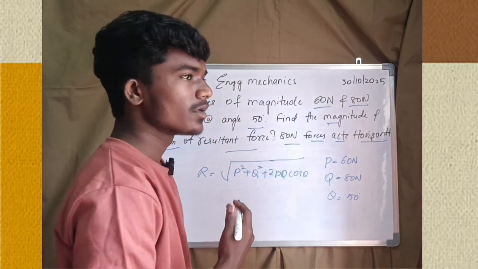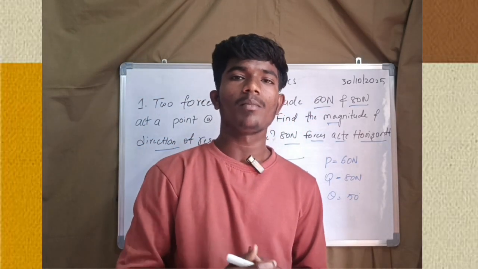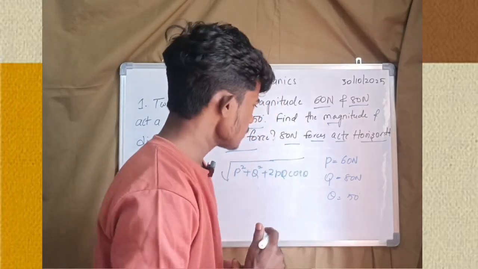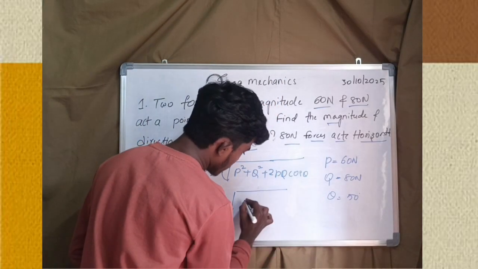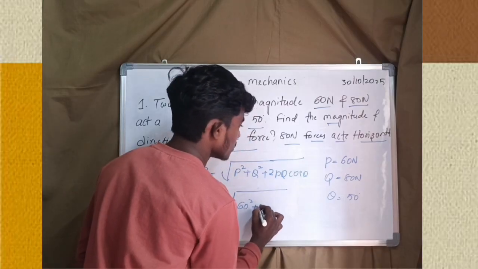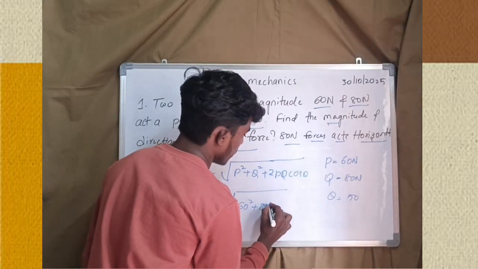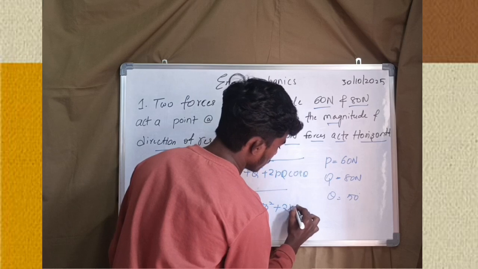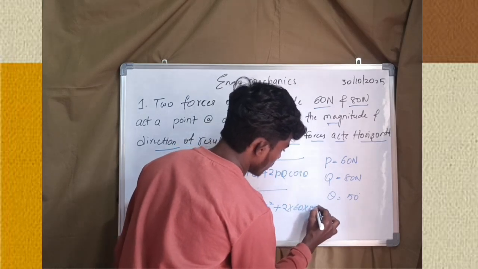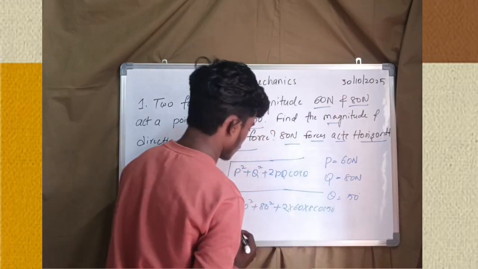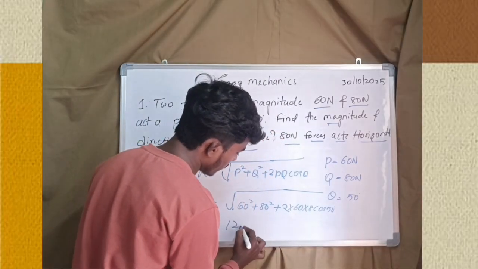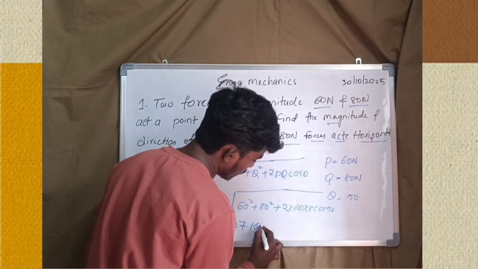R equals the square root of 60 squared plus 80 squared plus 2 into 60 into 80 cos of 50 degrees. The value of R is 127.164 newtons.